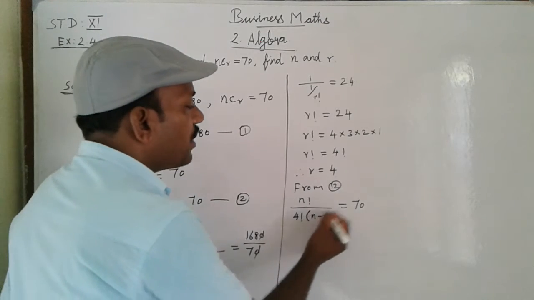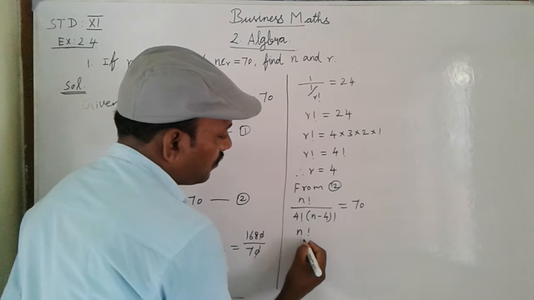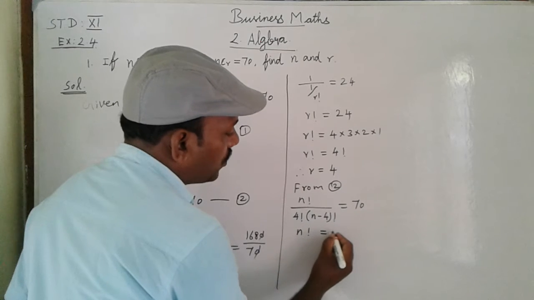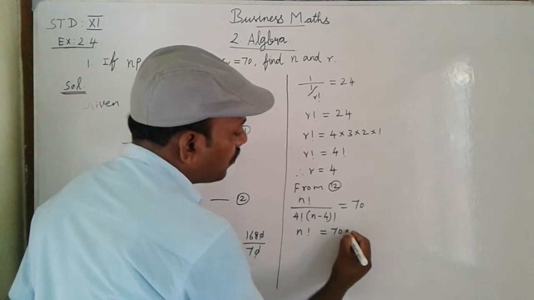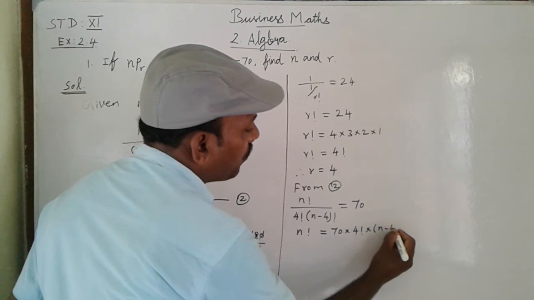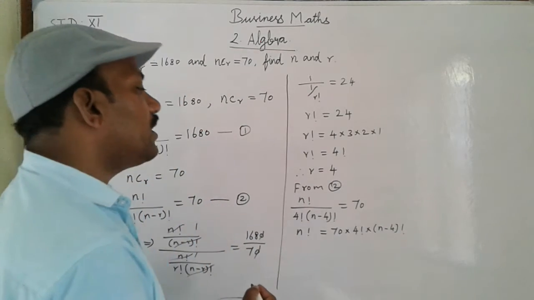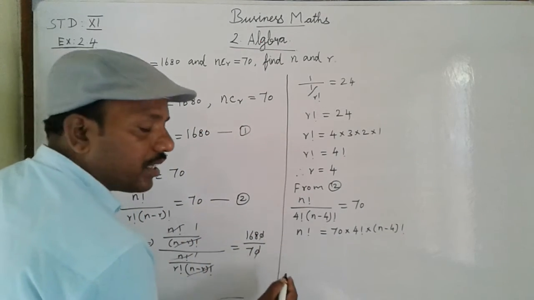So now cross multiply here. N factorial equal to 70 into 4 factorial into (n minus 4) factorial. N factorial we should write up to (n minus 4) factorial.